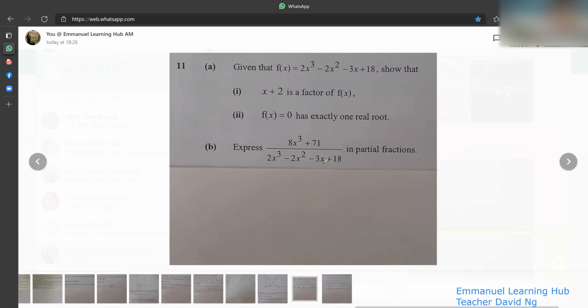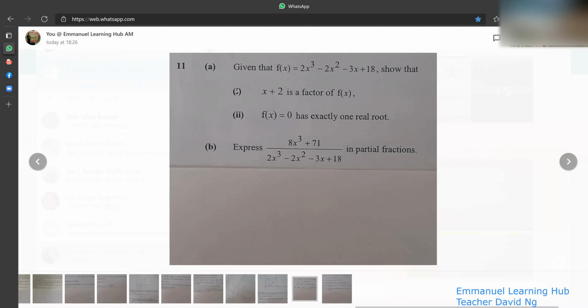So the denominator is your f(x), that means x plus 2 is a factor of this. Then they want it in partial fractions. f(x) equals 0 has exactly one real root, so x plus 2 is a factor of f(x).